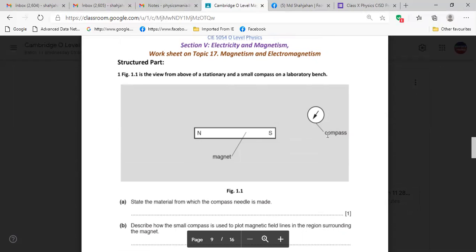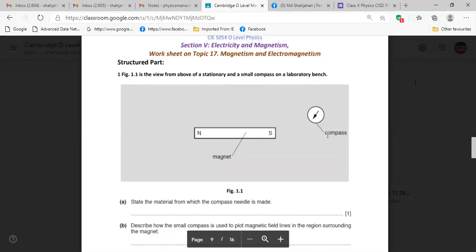Can you read the question? Figure 1.1 is the view from above of a stationary small compass on a laboratory bench.